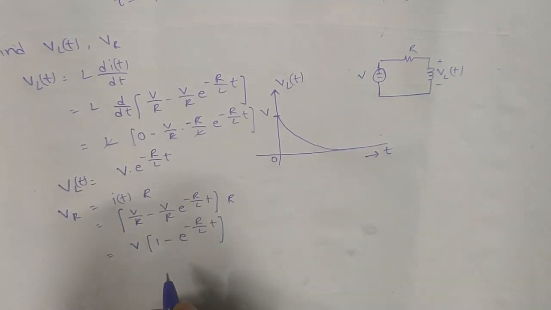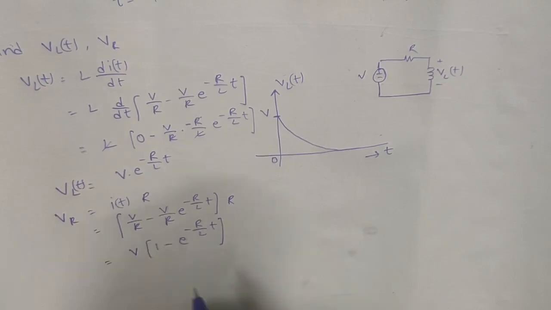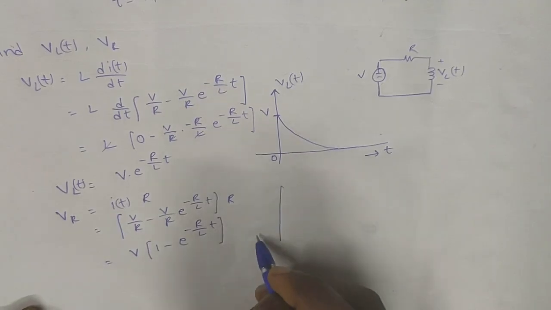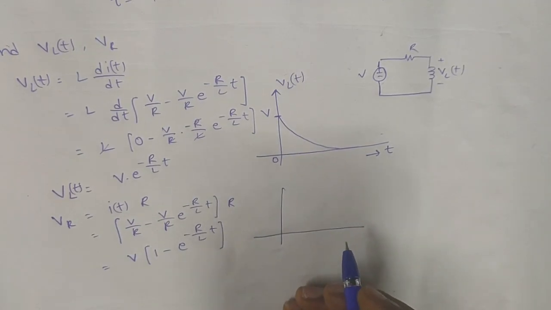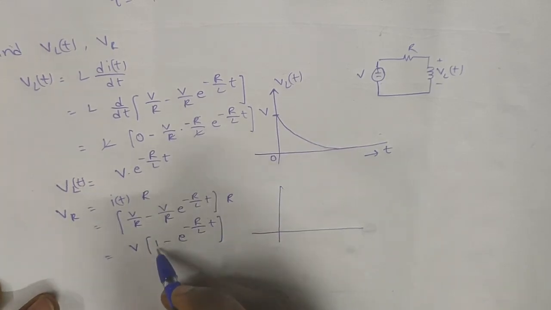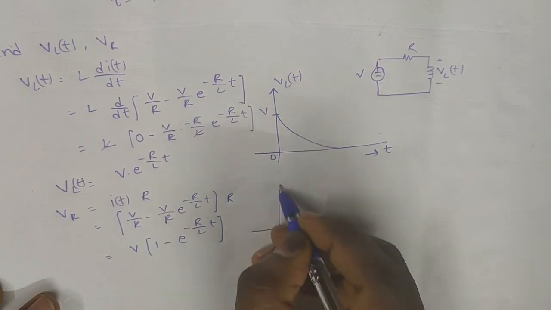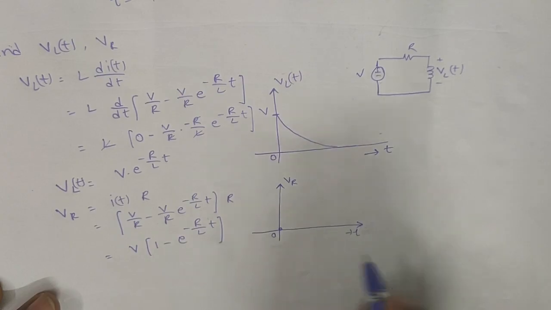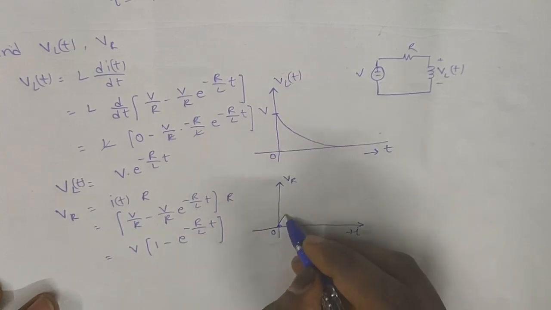So from this it is clear that at 0 the value will be 1 minus 1, 0, so VR will start at the 0th point and rise like this.